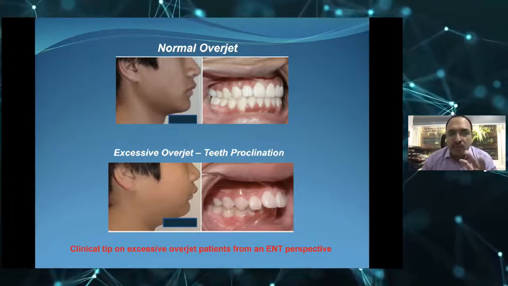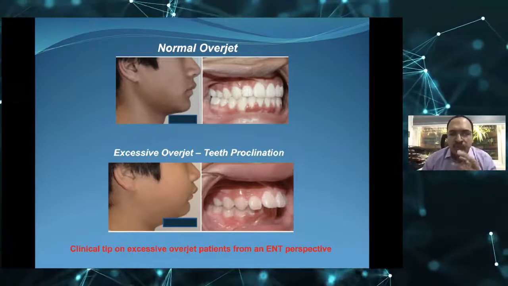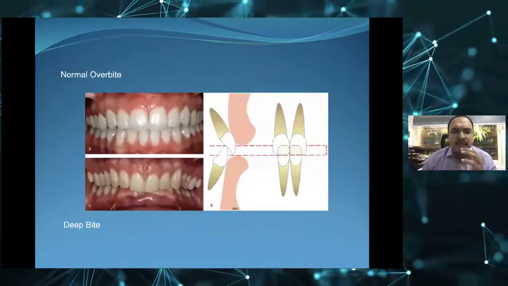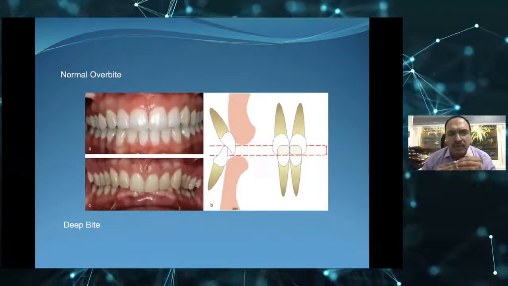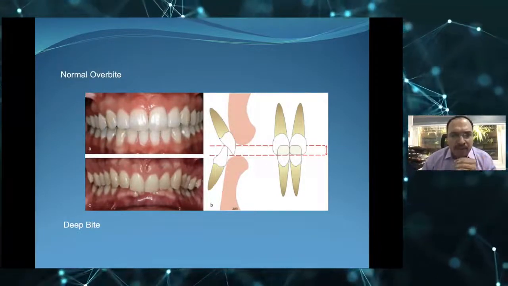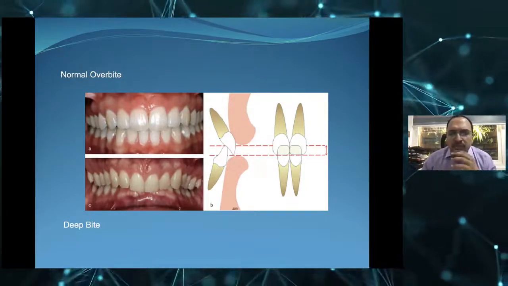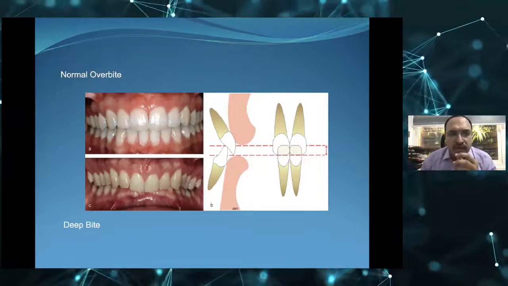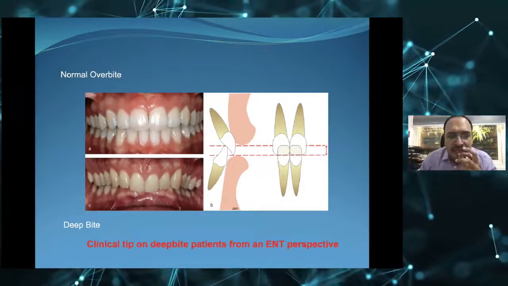So excessive overjet is a horizontal overlap, where the teeth are placed more forward. This is called vertical overlap. Normally the vertical overlap is minimal, and you see the lower teeth very much visible. If it's a deep bite, the lower teeth are not completely visible. This is a common scenario you see in patients, and from an ENT perspective, you need to look at this problem.